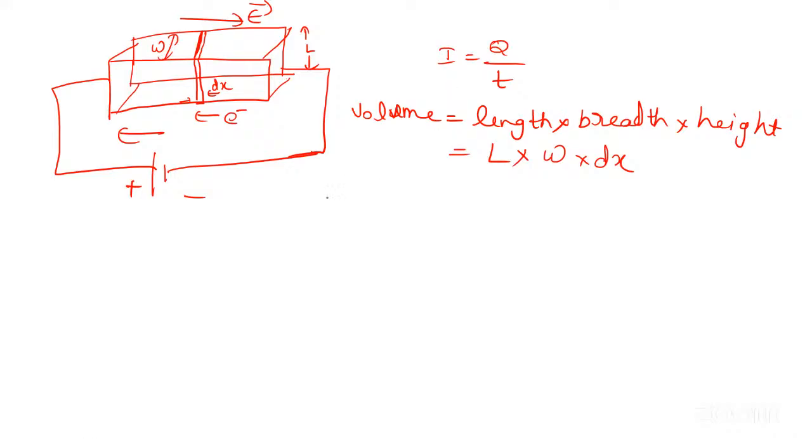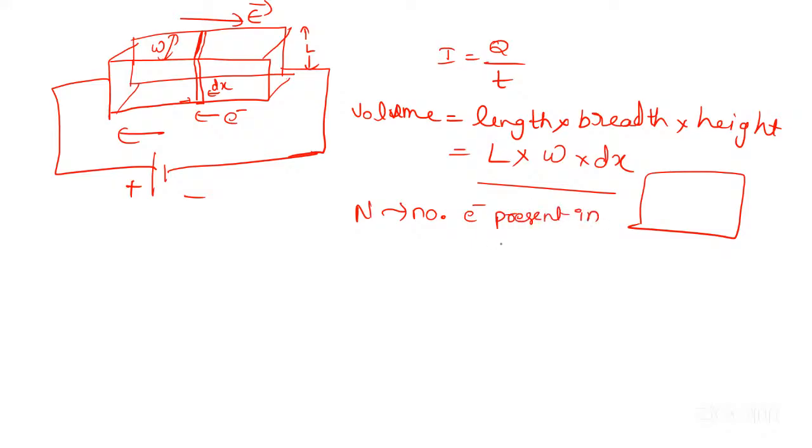So how can we calculate the charge present in that conductor? We know the volume, and in that volume there will be some electrons present. So we have to know the density of electrons in that region. Let n be the number of electrons present in unit volume.